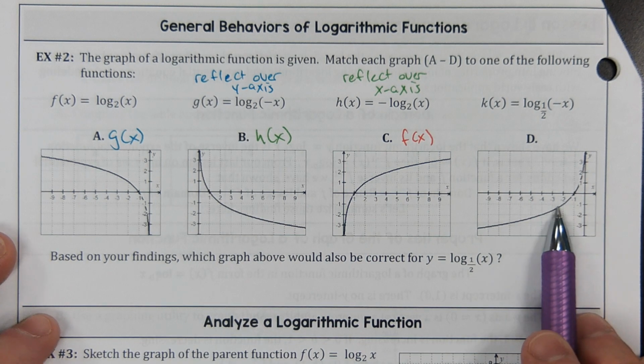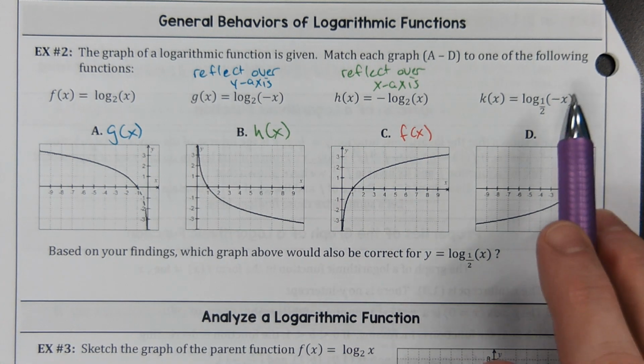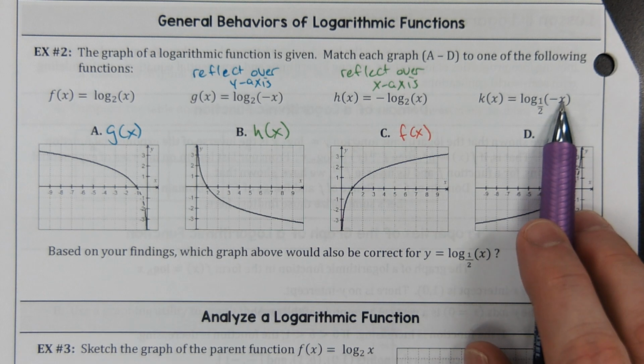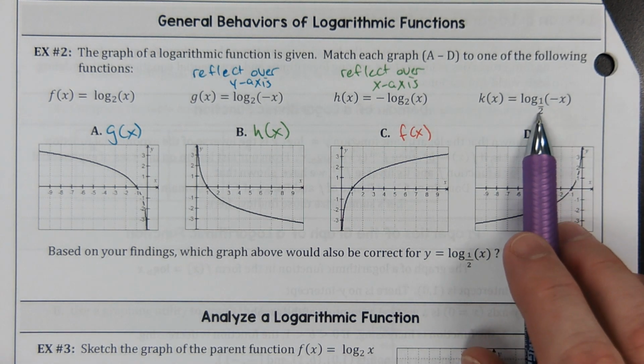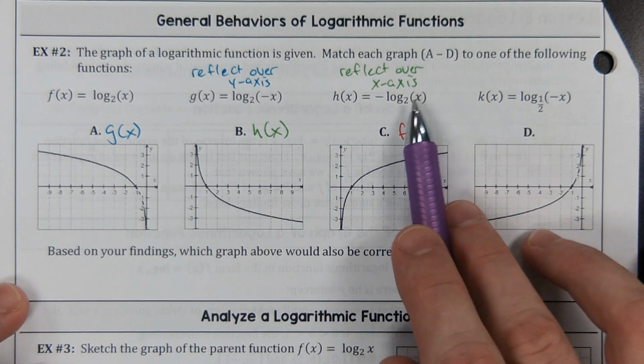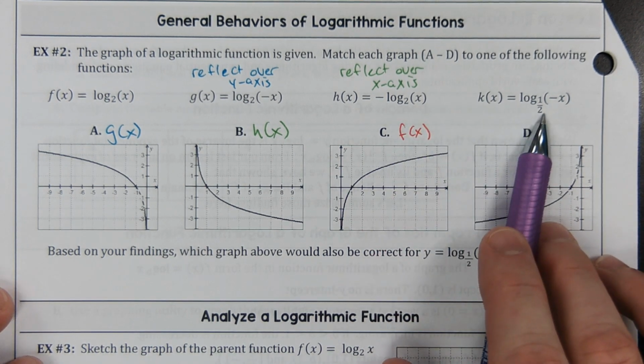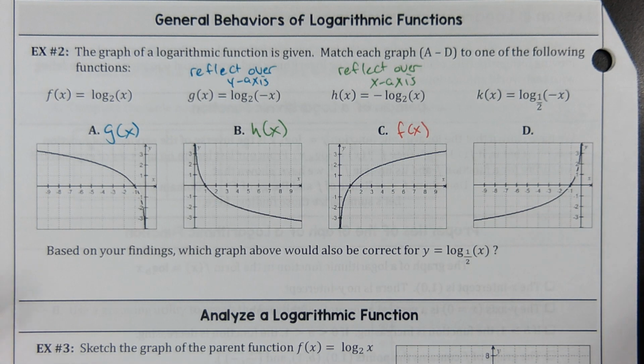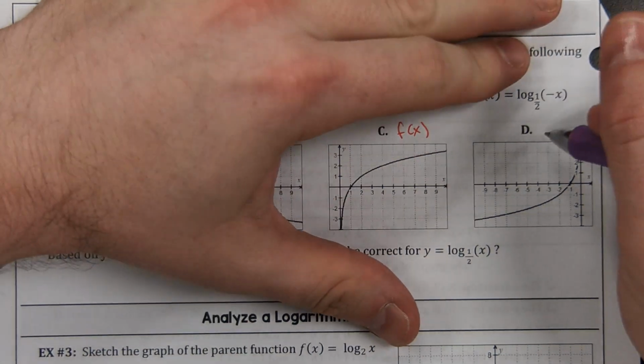How strange that, I mean, we see it's over the y-axis, but it would appear as though making the base a fraction instead of a whole number, and specifically when I say a fraction, I mean to the negative exponent, acts as a reflection. Very interesting. So we know that this one's k of x.